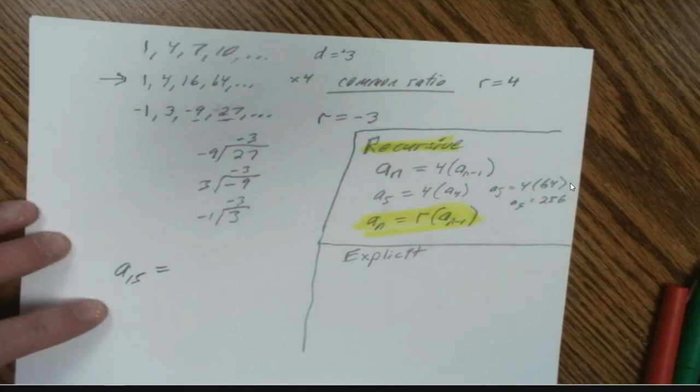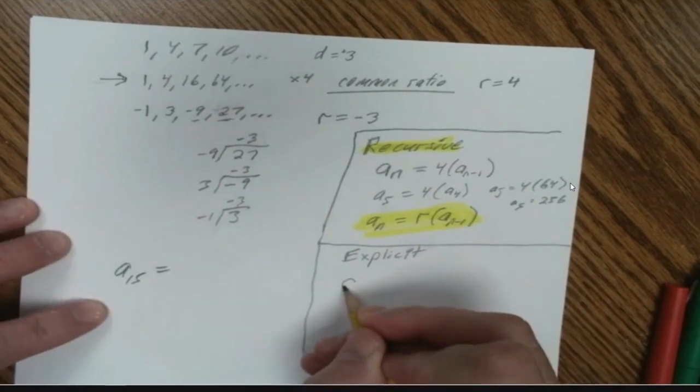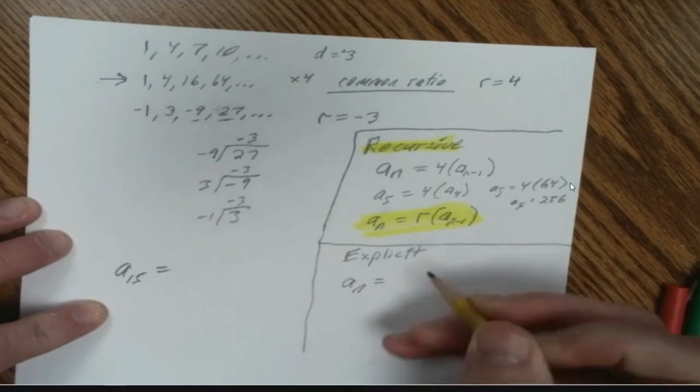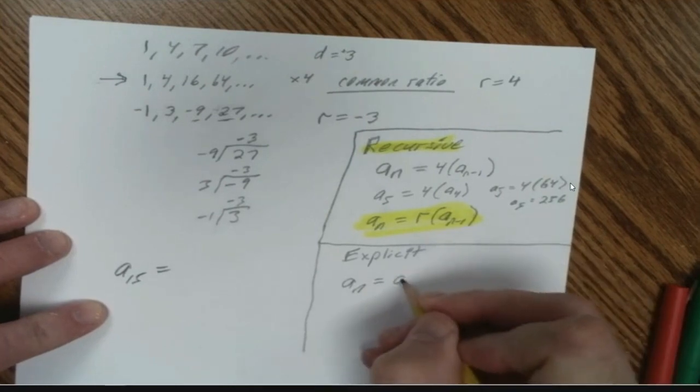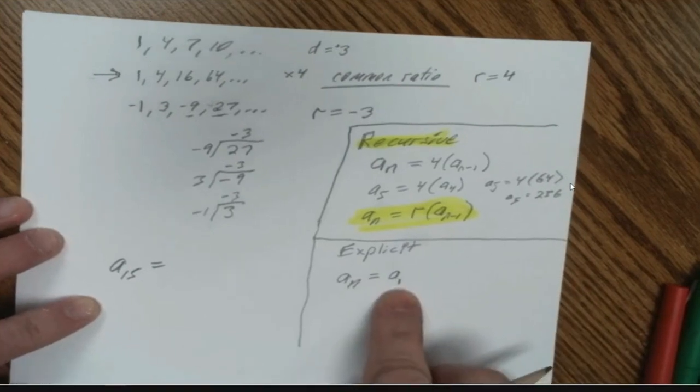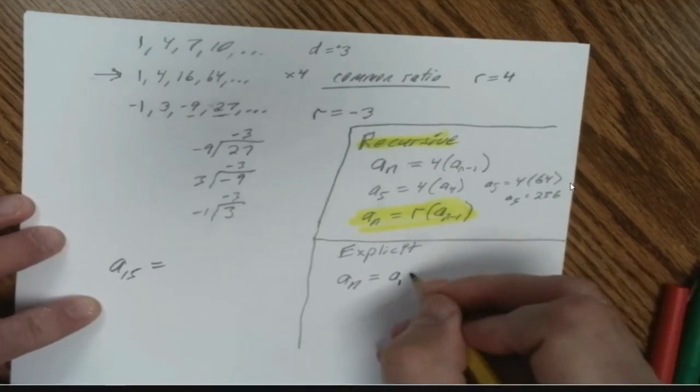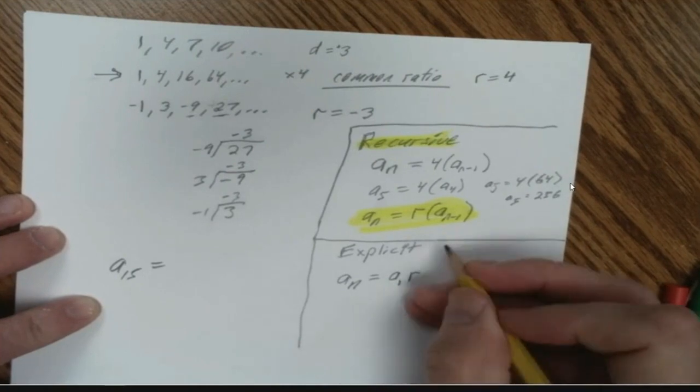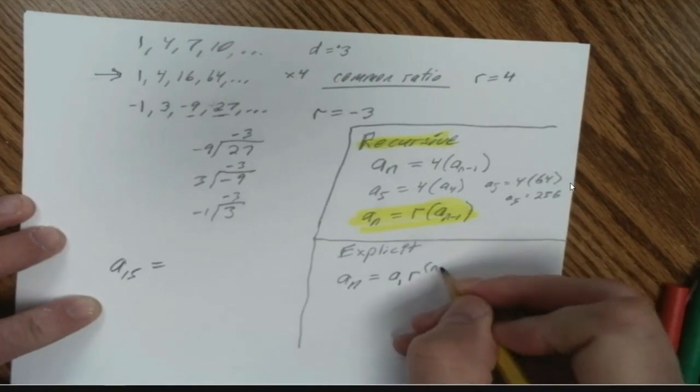Well, there is an explicit formula, and it is a sub n equals, again, we have to know what the first term is, a sub 1, times r to the power of n minus 1.